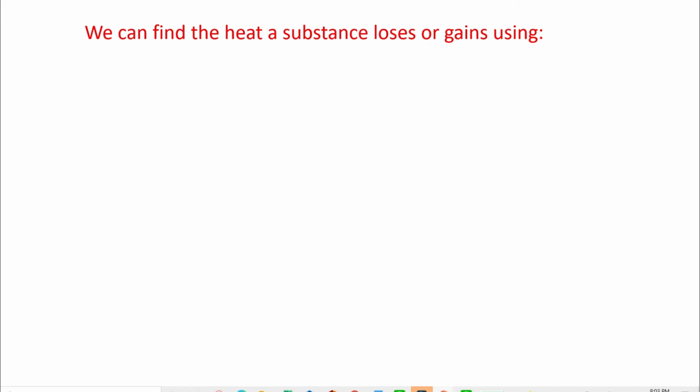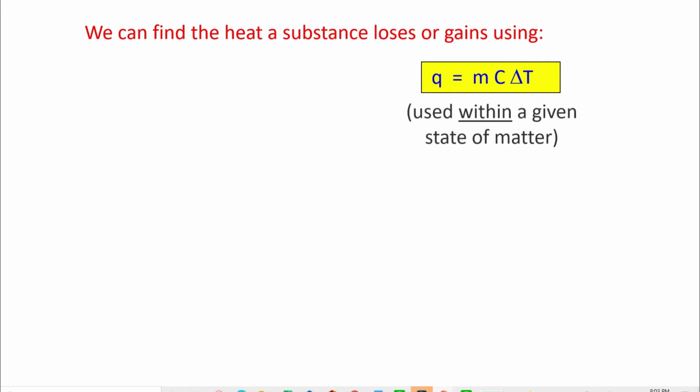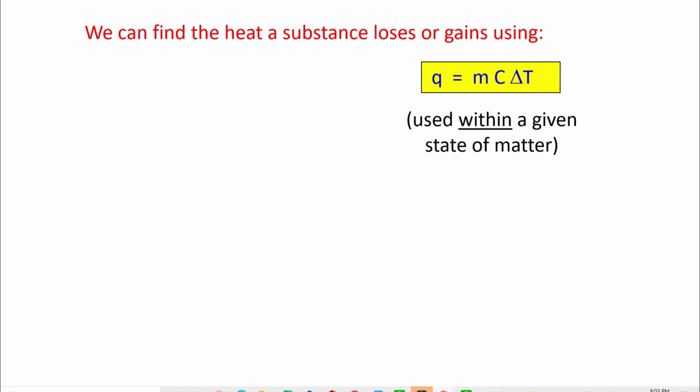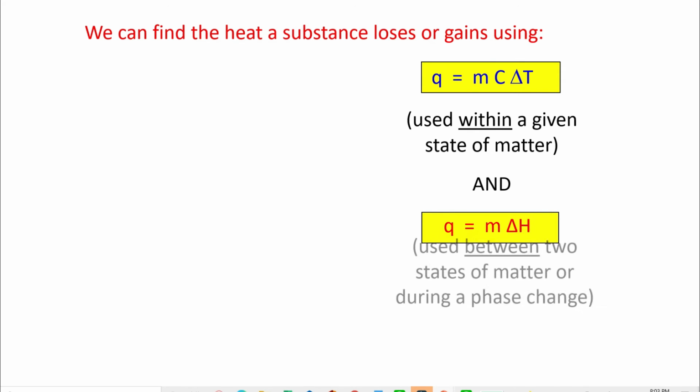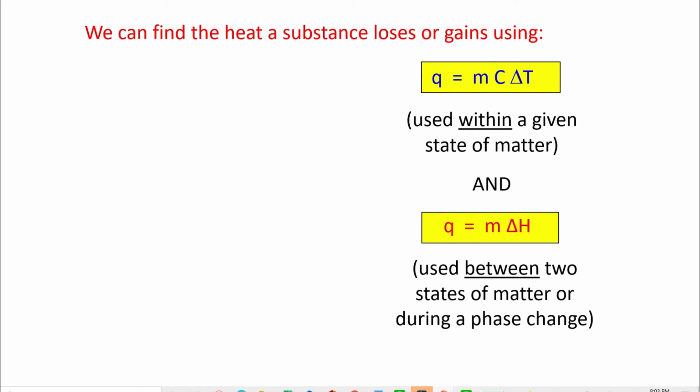We can find the heat a substance loses or gains using Q, which is the heat energy, equals mc delta T. This is within a given state of matter. And Q equals mass times delta H, which is the change in heat, during a phase change or a change between two states of matter.